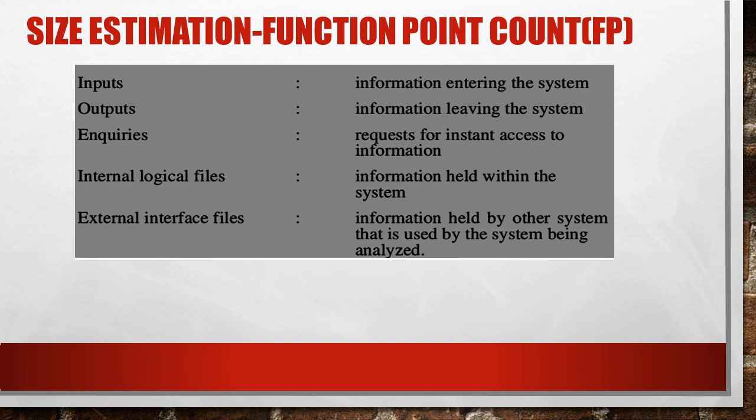The principle of Albrecht's function point analysis is that a system is decomposed into 5 functional units. They are input functional units, output functional units, enquiries functional units, internal logical files, and external interface files.